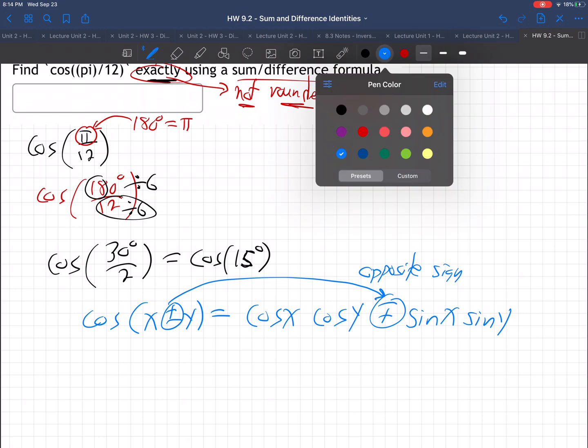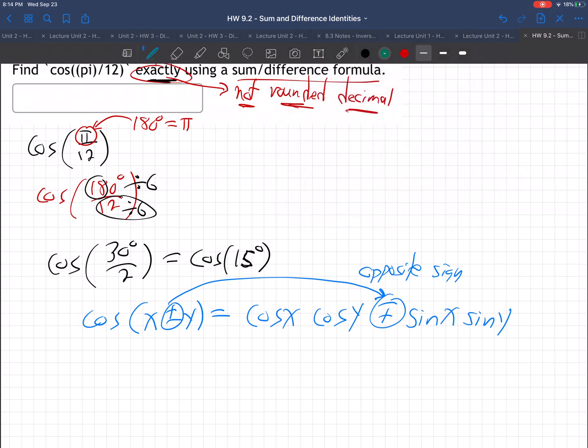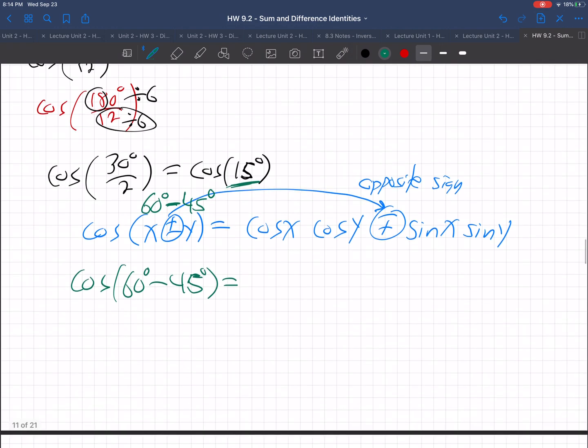Okay, so what are we going to do? We've got to get an x and a y that can make 15 degrees. There's a few ways we could go. Probably one of the easiest is just to take 60 degrees minus 45 degrees. That's 15, isn't it? That will do it. So cosine of 60 degrees minus 45 degrees.